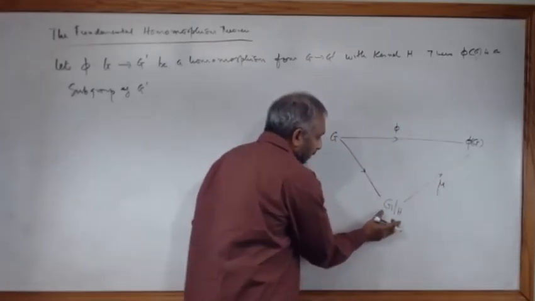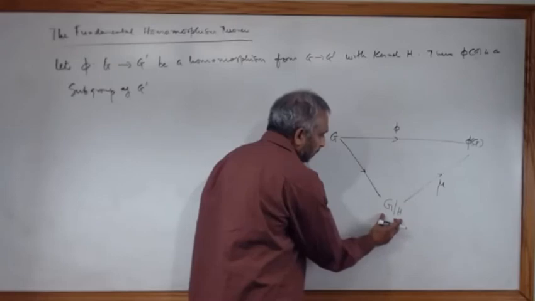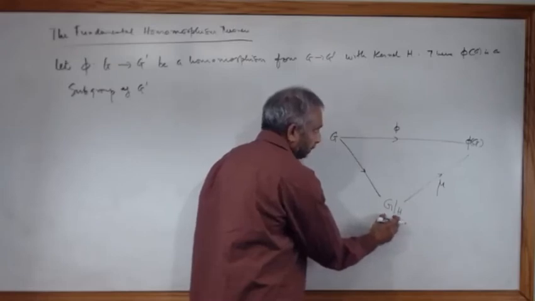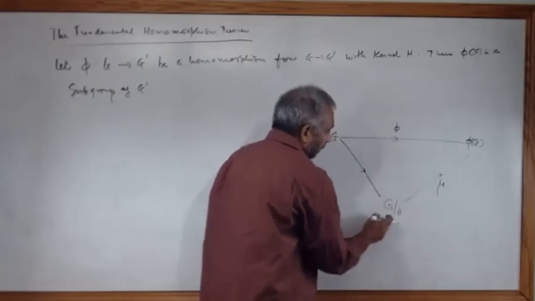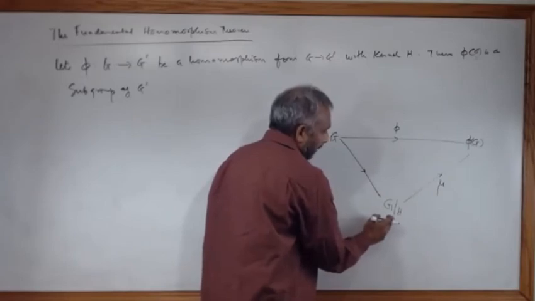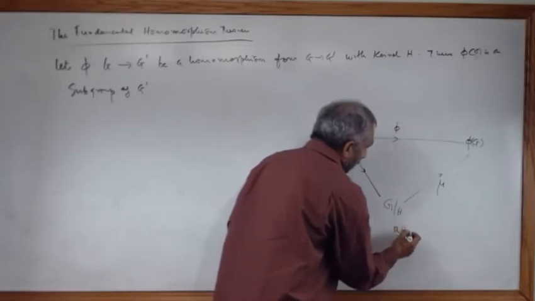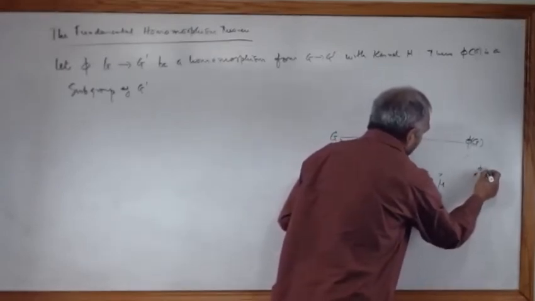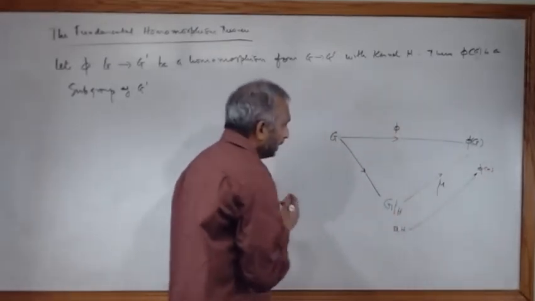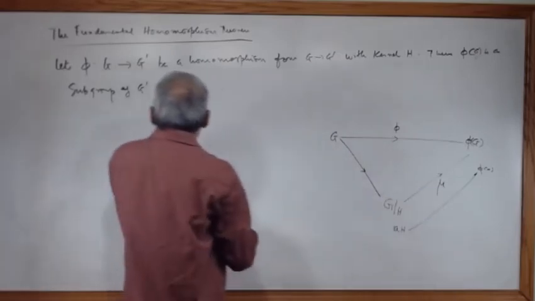This is a collection of all cosets of H. So if you take an element from here like aH, that will map to phi of a. We already have done this, and this is actually called mu.